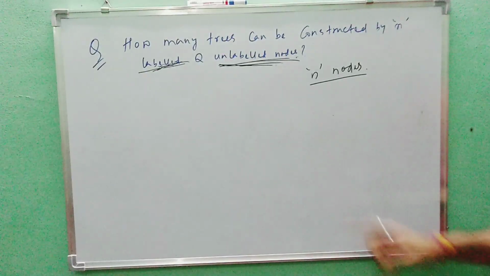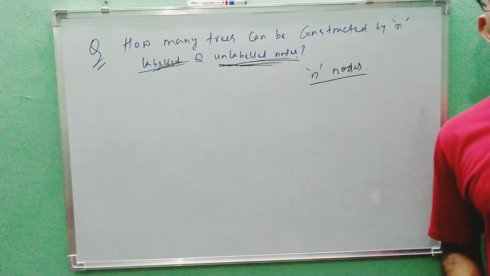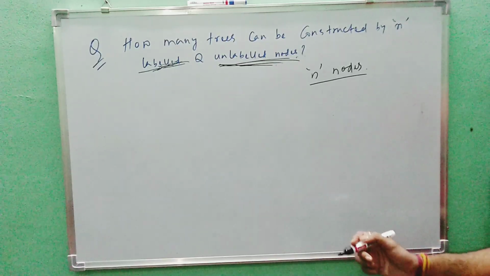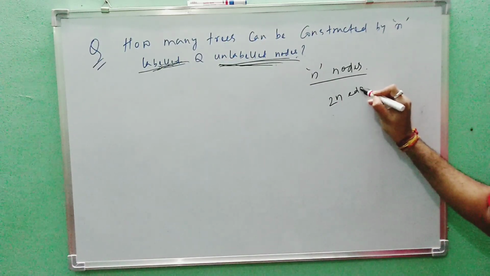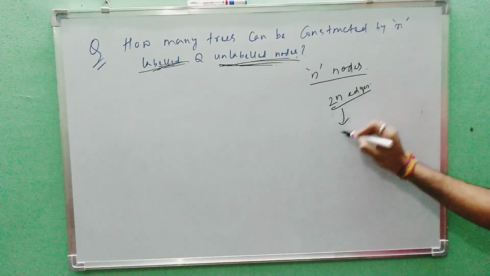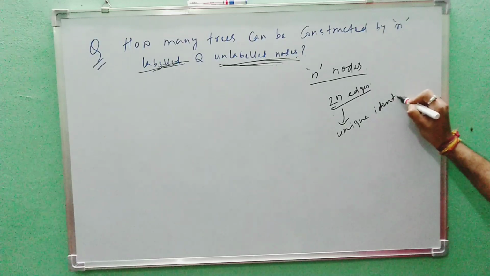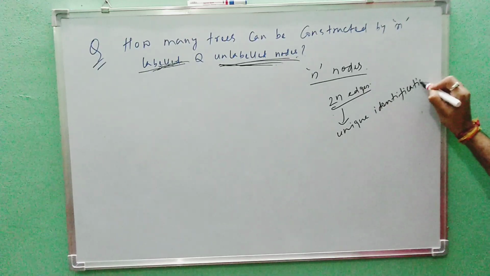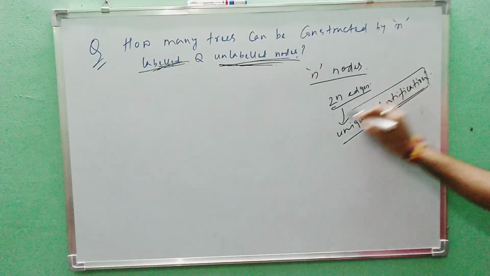Now if we consider n nodes, let us discuss how many unique possible edges can be drawn. It is 2n. Unique identification of edges, okay? What do you mean by unique identification?